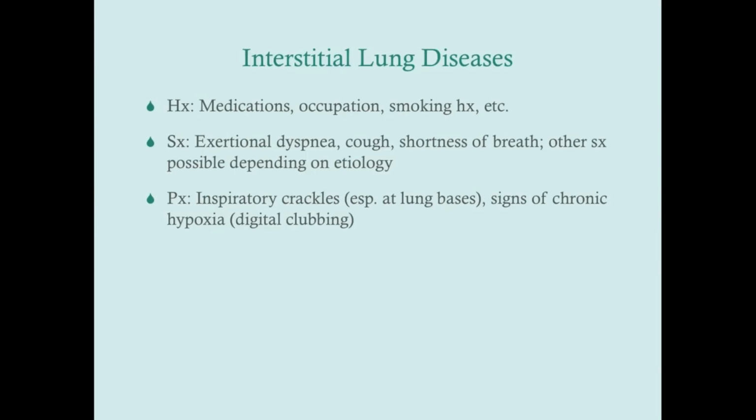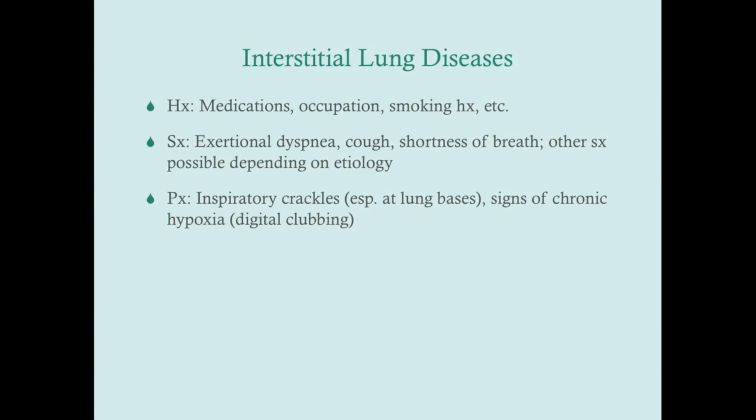So a history is pretty important to narrowing down or focusing on a specific diagnosis that may be the most likely. Symptoms are going to be important as well. So exertional dyspnea, cough, shortness of breath, those are really non-specific symptoms as far as all of the interstitial lung diseases go. But other symptoms are important too, depending on the etiology.